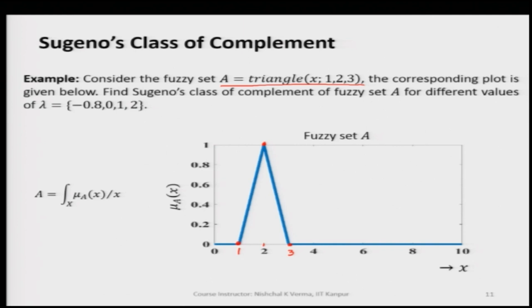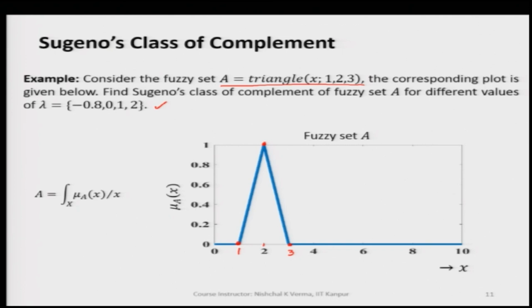So, now let us find the Sugeno's complement of this fuzzy set for lambda values from this set, which means lambda will take the value minus 0.8, and lambda can be again 0, lambda equal to 1, lambda equal to 2.